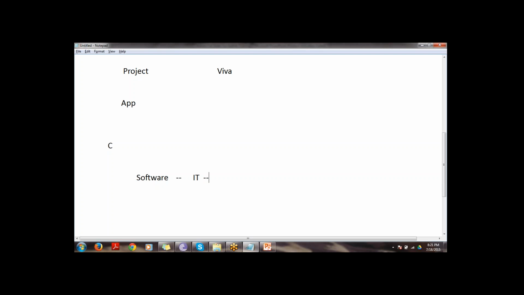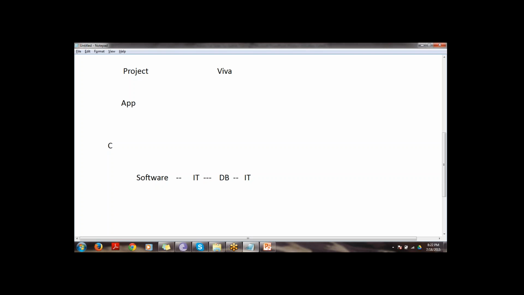Next, what about your database? Again, you need to purchase the database, like you can purchase Oracle, Informatica, whatever it may be. Next, who will install this software? Again the IT team.